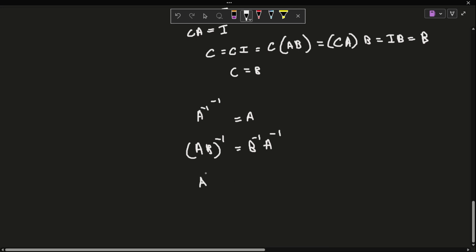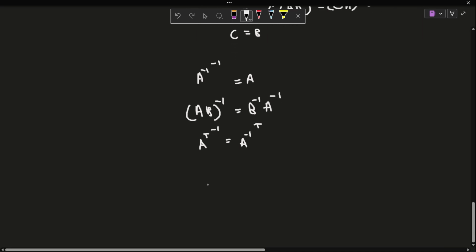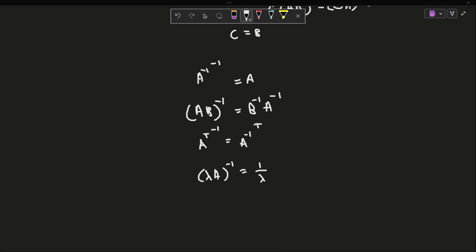And then the inverse of a transpose is just going to equal the transpose of the inverse, which I think would be a bit easier to think about. And if we have some scalar lambda times a matrix, and then we take the inverse of all of that, we're just going to take the reciprocal of our scalar and multiply it by the inverse of our actual matrix, if lambda is non-zero.